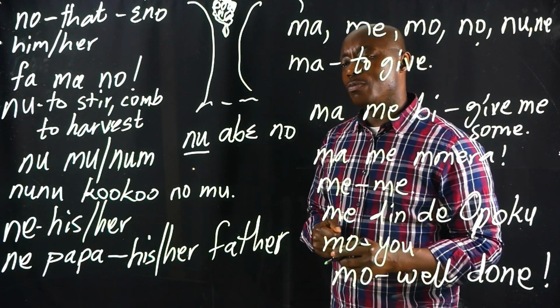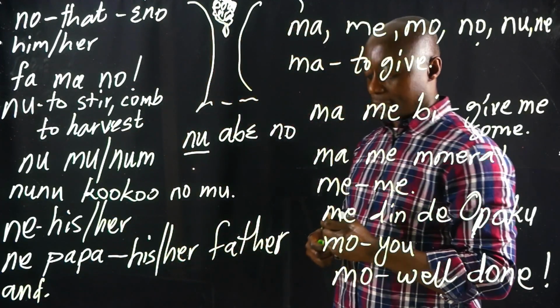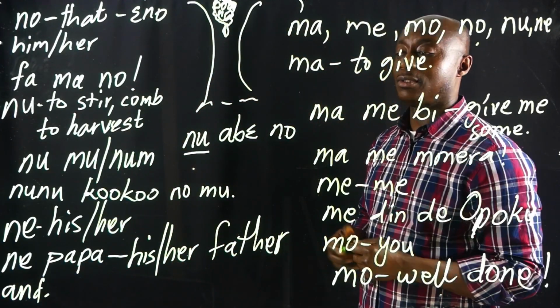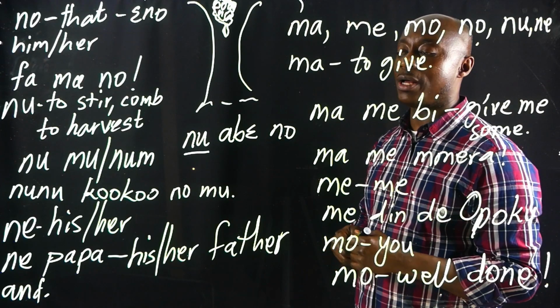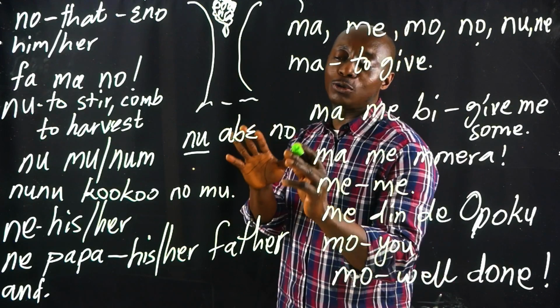Ne could also mean and. It could mean a conjunction word. For instance, look at this sentence. I want you to tell me the meaning.